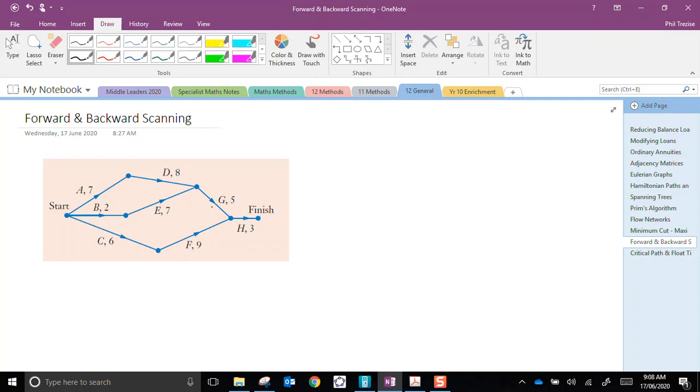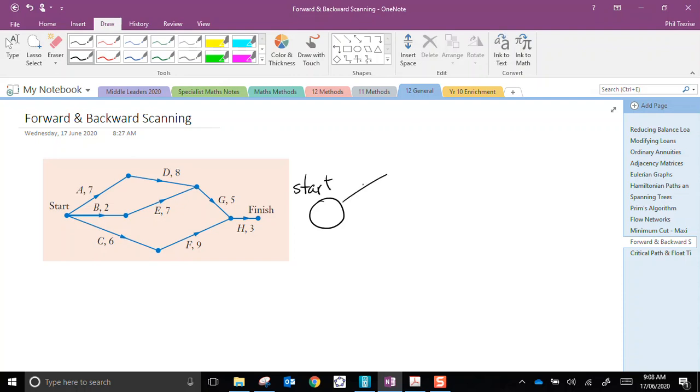Now, how do we go about doing a forward scan? Well, there's a number of ways. We could redraw the thing, and when we redraw the network, instead of vertices, we put circles. So I would have a circle here at the start.